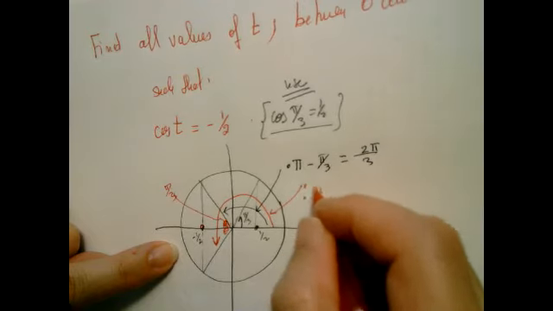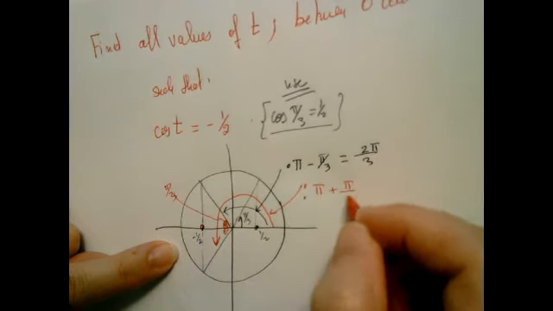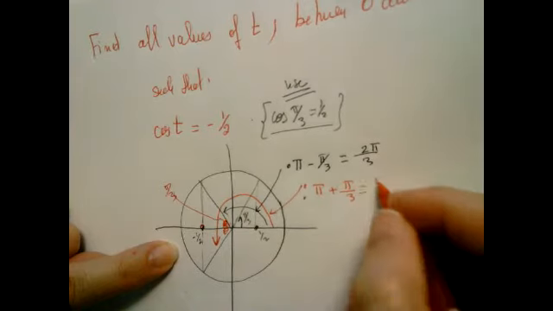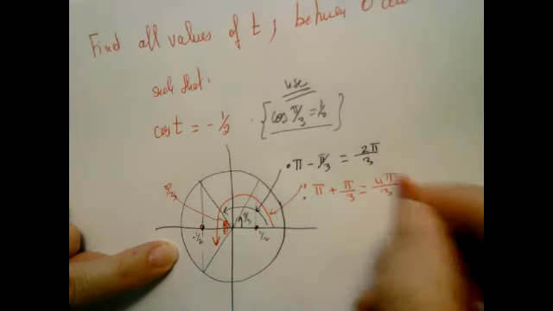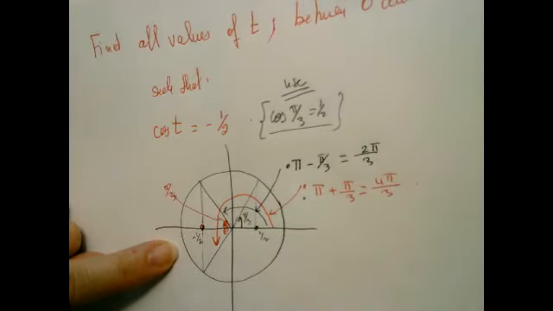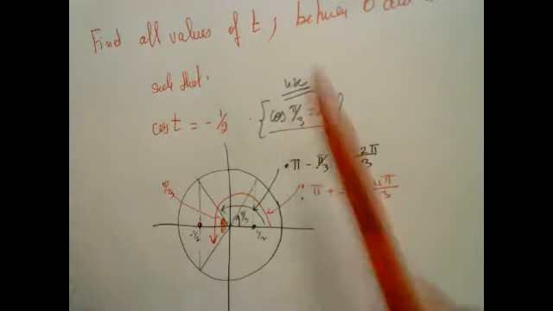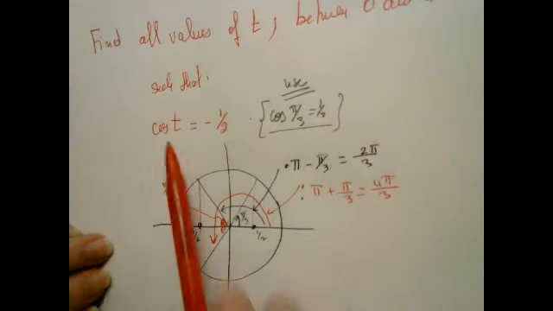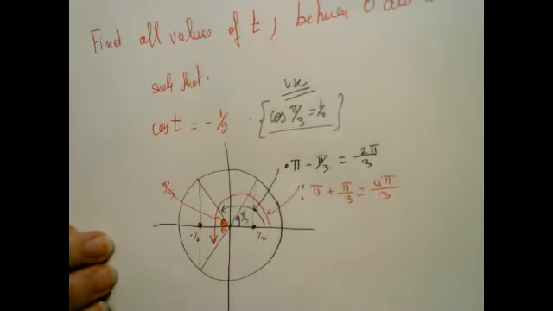So the other one is pi plus pi over 3, which will give me 4 pi over 3. All right, so now we are able to figure out a lot. Once I know those particular angles, I can start just by looking at the picture to figure out other ones.